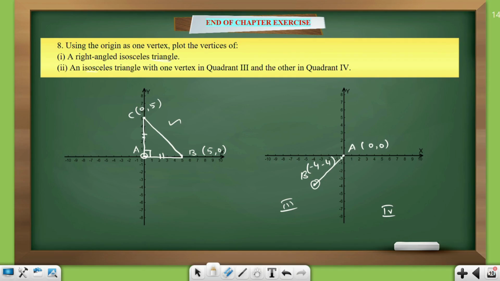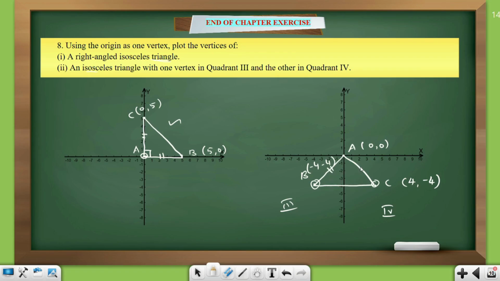On your right hand side, the quadrant 4 involves the positive side of the x-axis and the negative side of the y-axis. Similarly, I am going to select the positive side of the x-axis as 4 and the negative side of the y-axis as -4. Suppose you are selecting this point, then the point has to be (4, -4), which is of the same length from A, and the third side BC is here.